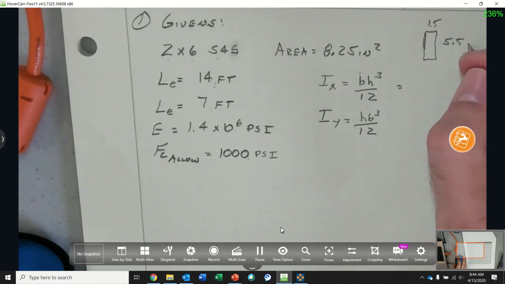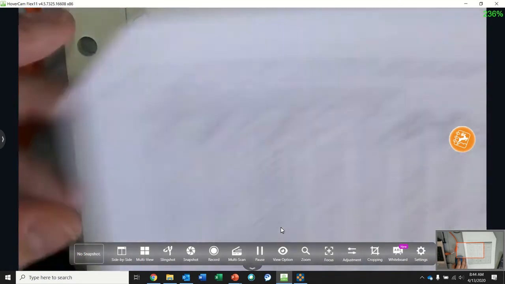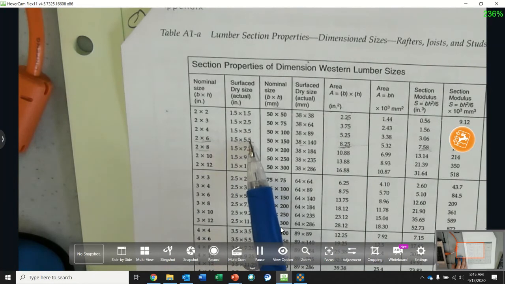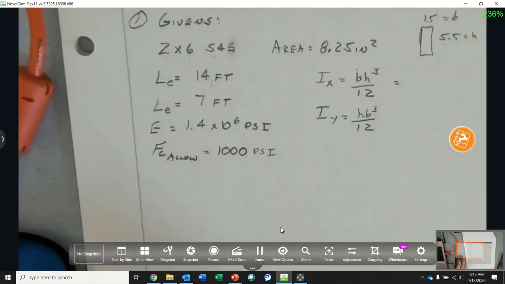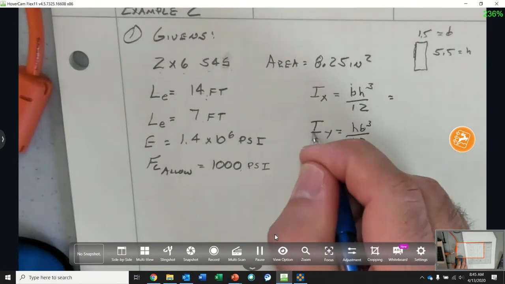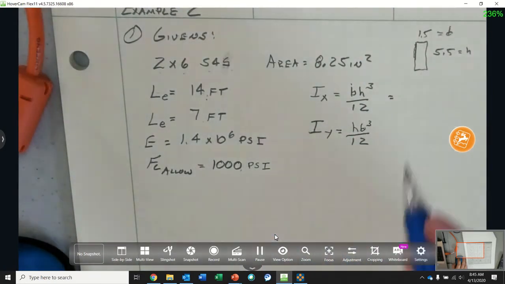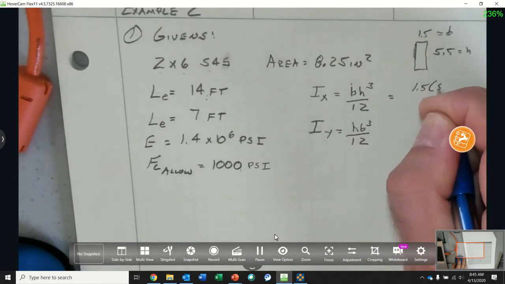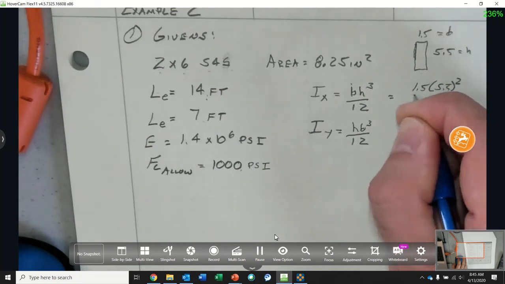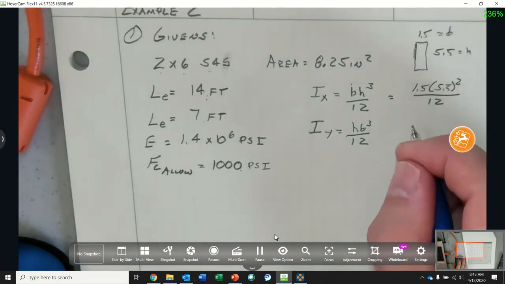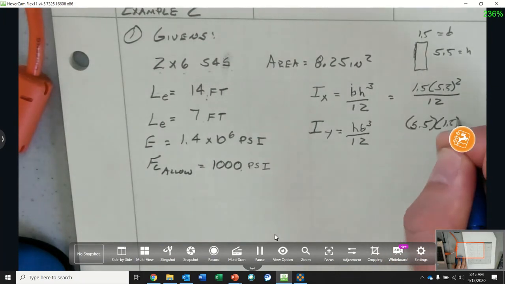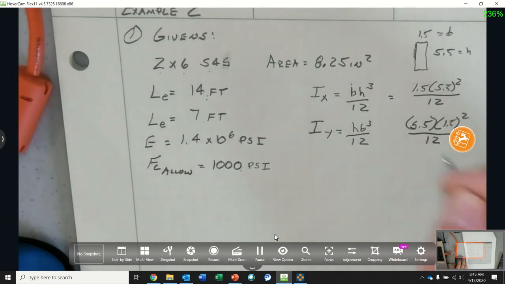How do I know that? I can look at my chart: a 2 by 6 is 1.5 by 5.5. I need to determine the weak axis, because that's the way it's going to buckle. So B is 1.5 and H is 5.5, and we just reverse this equation.